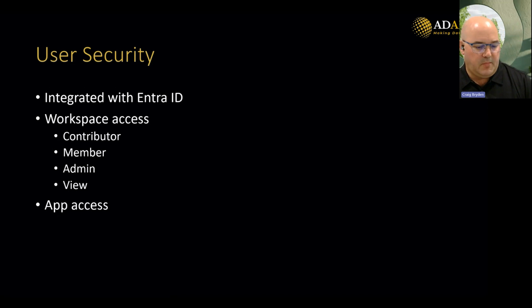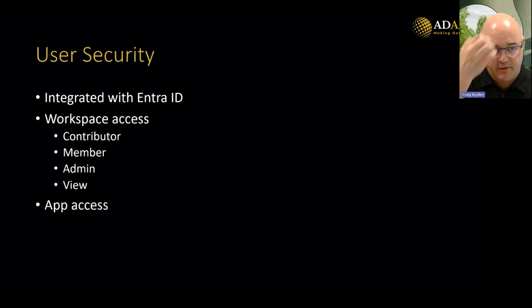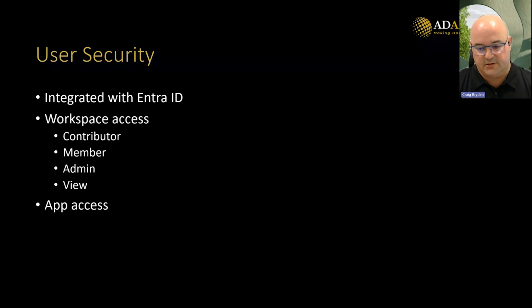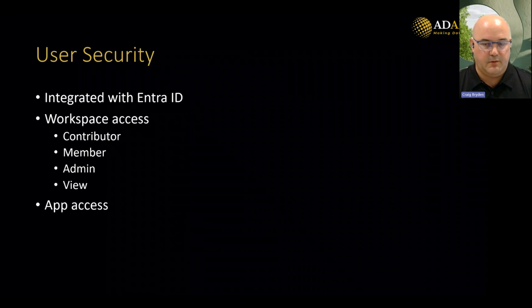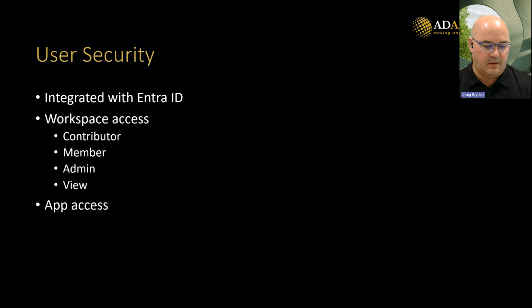So if, for instance, your workspace had 4 different audiences for that app, you set up the 4 different audiences, you set up what content they've got access to, and then giving permissions to the different audiences will impact what the user sees when they go into the app. So once you move to audience-based security, it doesn't mean that a person could only have access to one of the 4 audiences. You can give them access to multiple, and they'll only see the audiences that they're allowed to see.